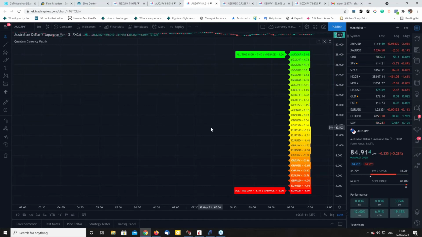This is a currency matrix. We've got the all-time high and averages here. These will be ported back onto all the other indicators in due course, but it's only available on TradingView at the present. What this gives you is a sense of whether this data is high, average, low, where is it?